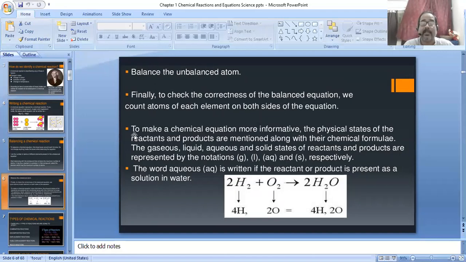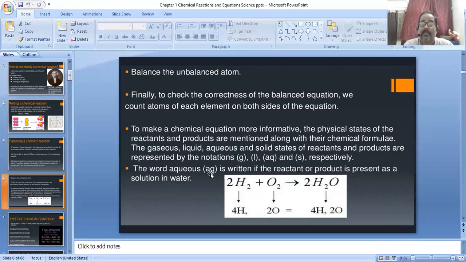And next point, to make a chemical equation more informative, the physical states of the reactants and products are maintained along with their chemical formulas. The gas, liquid, aqueous and solid states are represented by notations like this: G means gas, L means liquid, AQ means aqueous and S means solid respectively.